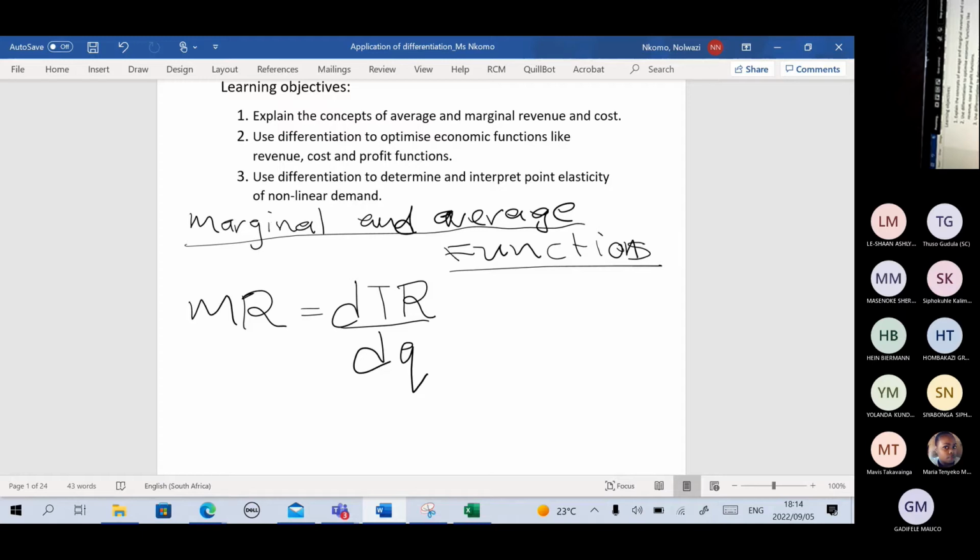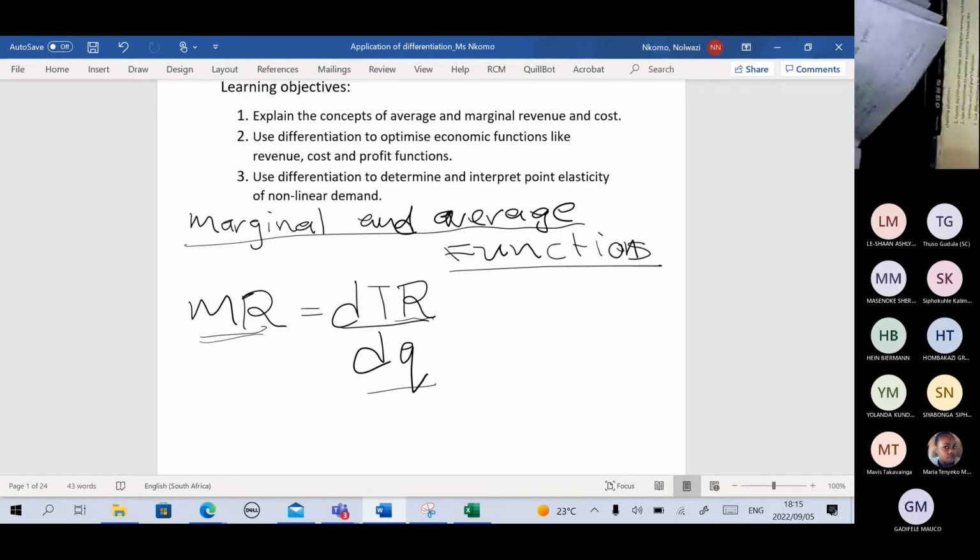Meaning the marginal revenue is the rate of change of total revenue per unit increase in output, right? This means to calculate the marginal revenue, you need to differentiate the total revenue with respect to the demand, right? That's what it means with this equation.